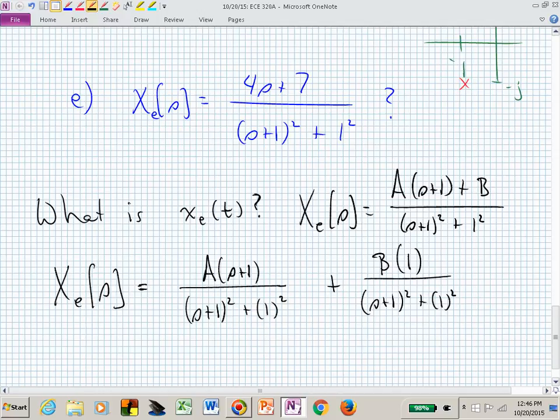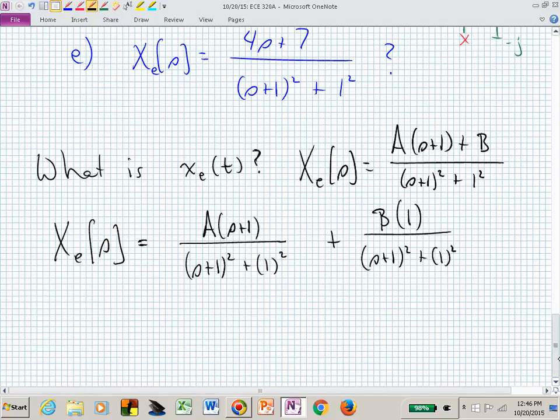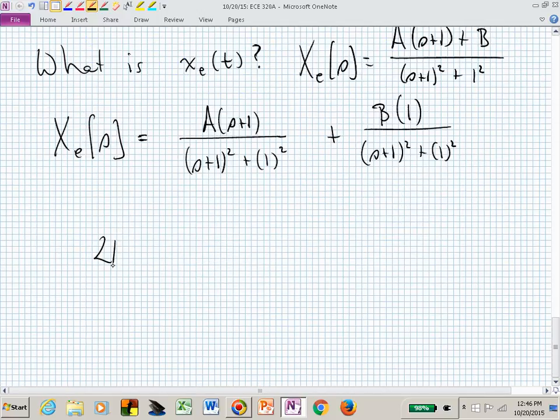And now do you see what a has to be? A has to be 4. You do have 4 of these cosine terms. And then we can back out what b needs to be by equating the numerator. We now have 4s plus 7 is equal to as plus a plus b.